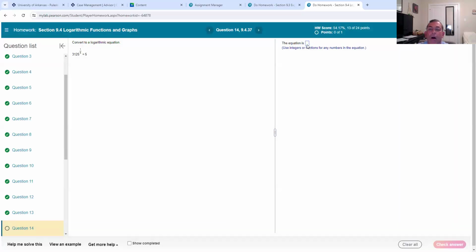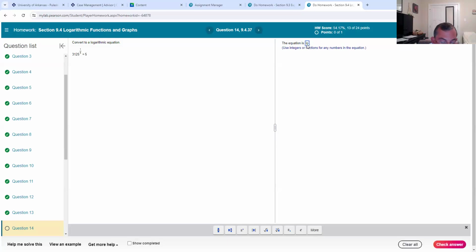All right, convert to a log. So we're going to write log. Then we're going to come down here and get our subscript. So the base of this log is the base of the exponential, which is 3125. Arrow right. The result of this is the result of the exponential, which was the 5.